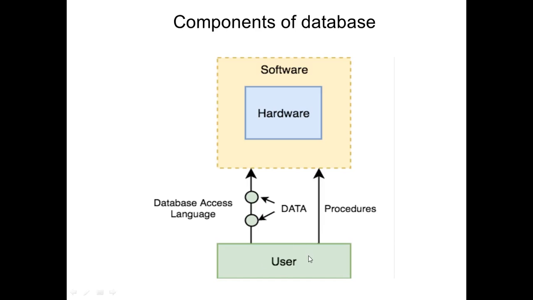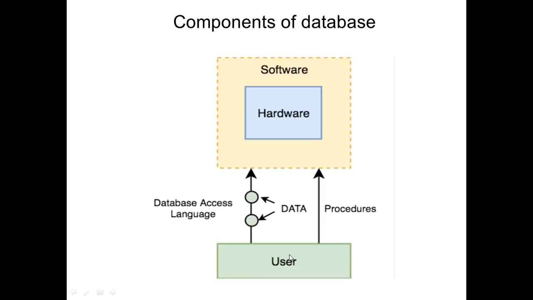And the last and most important is the user. User is the person who is going to store, to retrieve, to update or to delete the data. Now under user there may be DBA, that is database administrator. This DBA is the person who manages the complete DBMS.